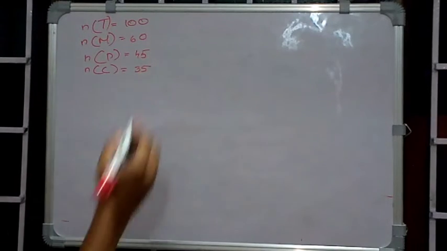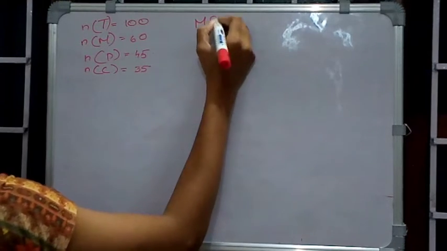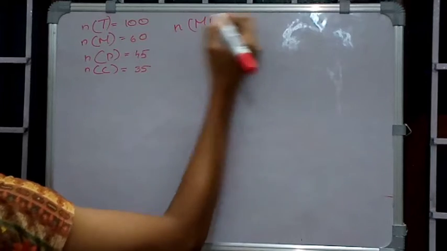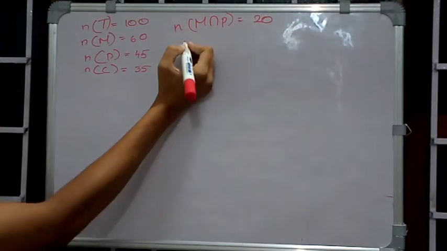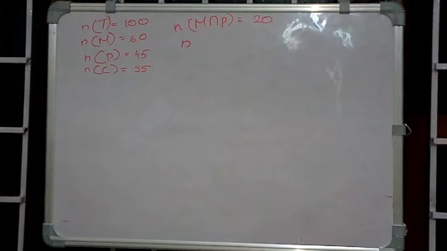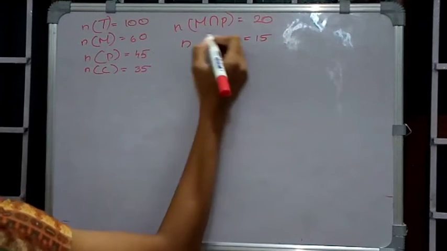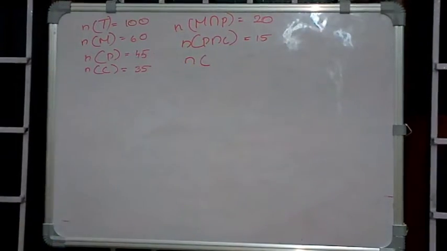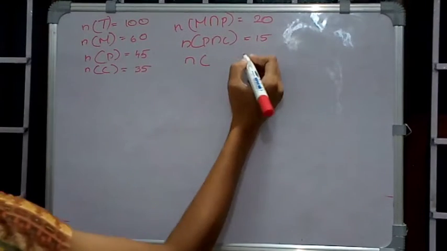And also it is given that 20 students study mathematics and physics, which means it is an intersection. Mathematics and physics is equal to 20 students. The students who study physics and chemistry is 15, and the students who study chemistry and mathematics is 25.